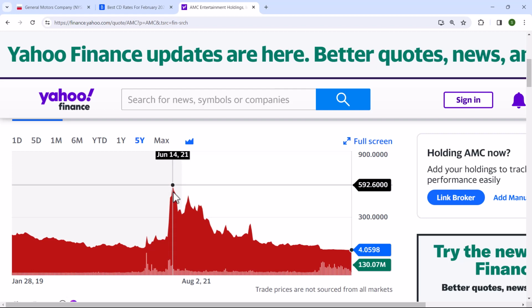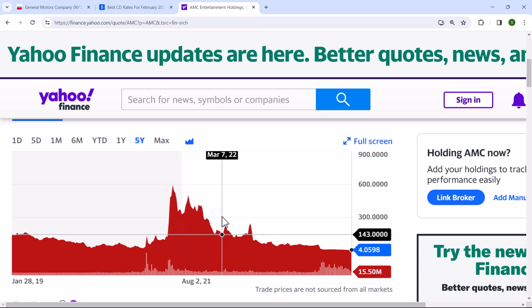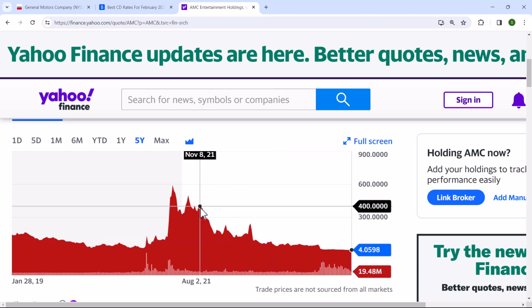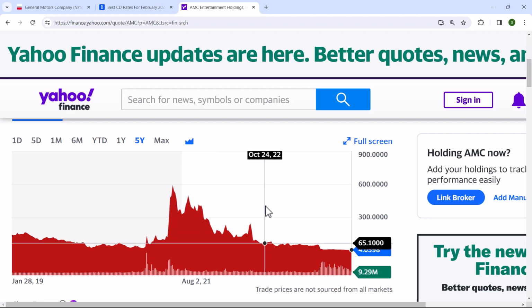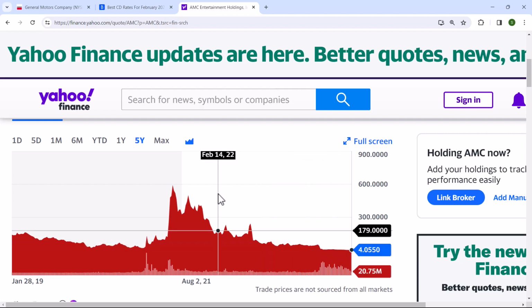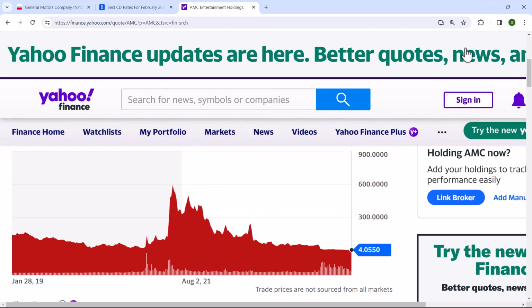And I'm showing you out here $592.60 a share. Somewhere along here, not at this peak, but somewhere along here where the stock price was really quite high, AMC started selling new shares. And the management knew that the stock was overvalued in the marketplace, but they were taking advantage of that situation in order to bring in more money for a company that was really struggling at the time.